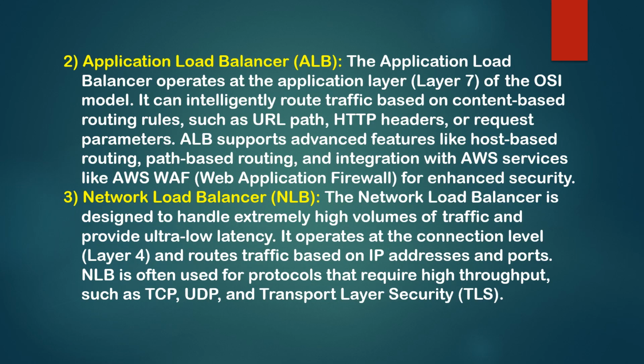Number 2. Application Load Balancer (ALB). The Application Load Balancer operates at the application layer 7 of the OSI model. It can intelligently route traffic based on content-based routing rules such as URL path, HTTP headers, or request parameters.